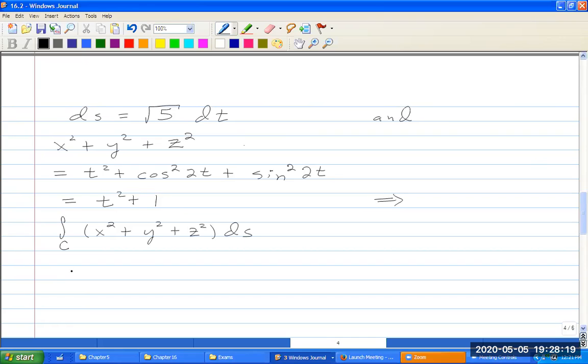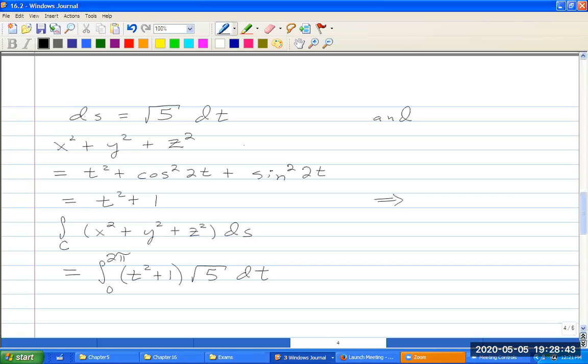So this is equal to, well, x squared plus y squared plus z squared is t squared plus 1. ds we found was rad 5 dt, and t went from 0 to 2 pi.